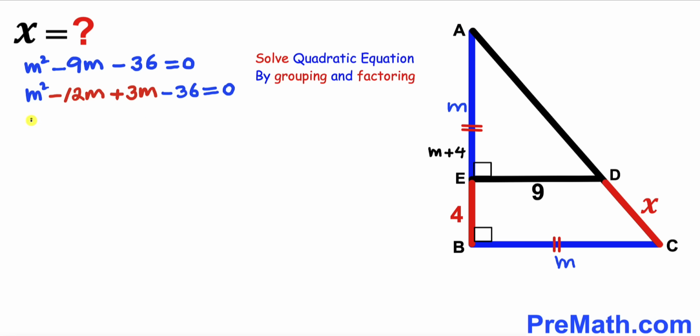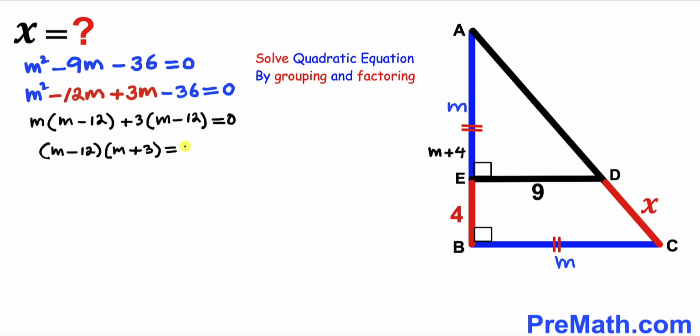So we write m times m minus 12, plus 3 times m minus 12, equals 0. Here m minus 12 is common, so we can write m minus 12 times m plus 3 equals 0.